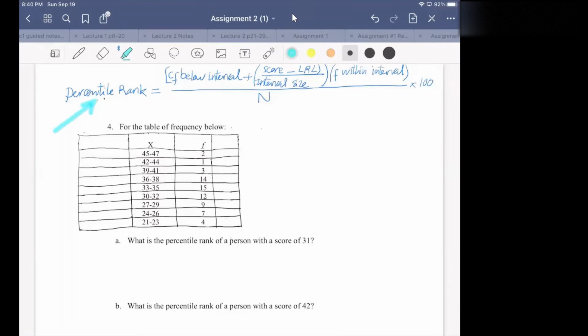In order for you to use a formula, you need to know all the items in the formula, such as the cumulative frequency below interval, the score, the lower real limit, the interval size, the sample size, and the frequency within interval. So you need to know all of those items in order for you to plug them into the formula.